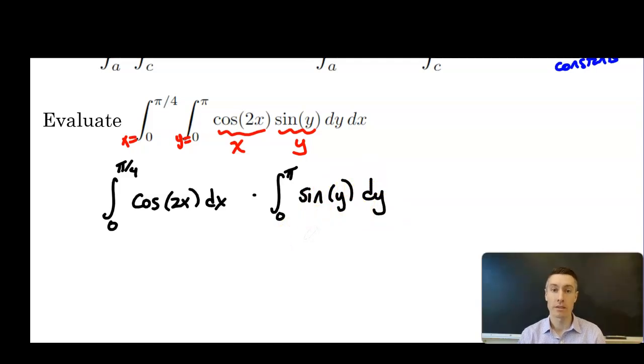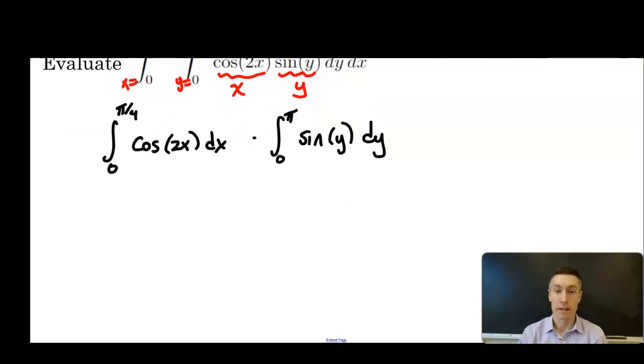The advantage of this is we are now integrating simultaneously as opposed to iteratively. So here we don't have to do one integral, plug in the bounds, and then do the other. We can do both integrals at the same time and then get our answer.